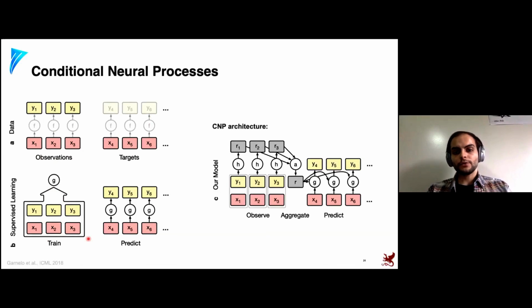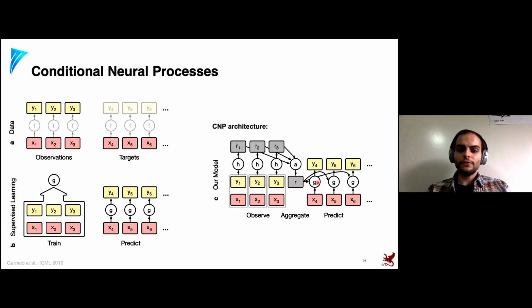All right, so they propose this conditional neural process architecture that imitates what a Gaussian process does, but is parametric, and doesn't have an explicit kernel. We have these observations that go through this h function and are transformed into these representations, r1, r2, r3. Then they have an attention module, or basically an aggregation function, that aggregates these representations, and we get this r.